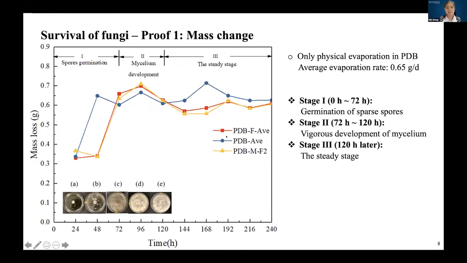For the PDB F group and the PDB MF2, we can observe mycelium development in both samples, and their mass loss trends are similar. So we divided their growth process into 3 stages: germination, mycelium development, and the steady stage.